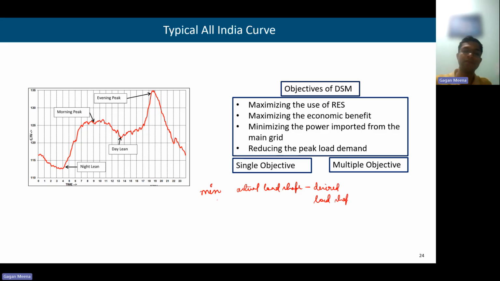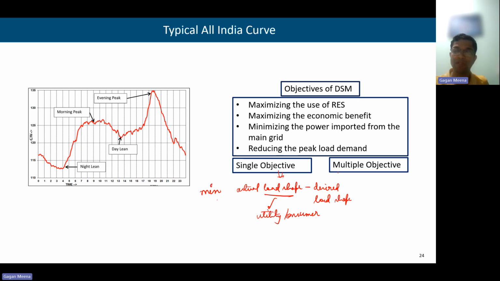Now this load shape can be for both the utility and the consumer. So we want to minimize the difference between this actual load and the desired load shift, which is either for the utility or the consumer.